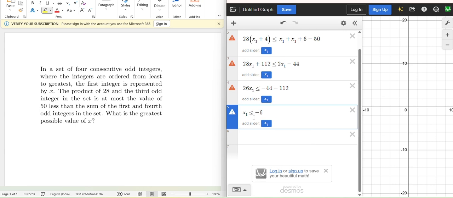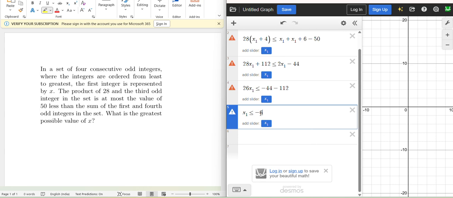Now we are asked what is the greatest possible value of x. The greatest possible value of x will not be minus 6, it will be minus 7, because x is at most minus 6, which means x must be smaller than or equal to minus 6.